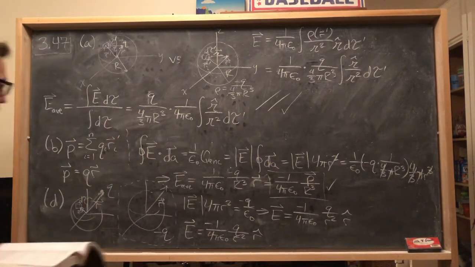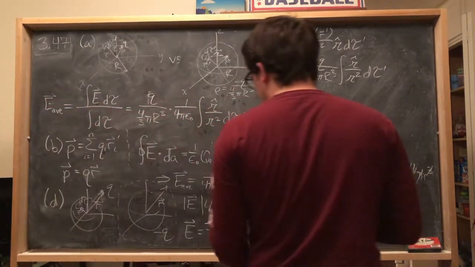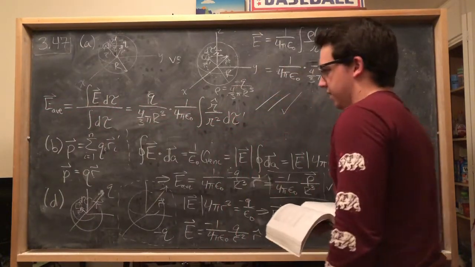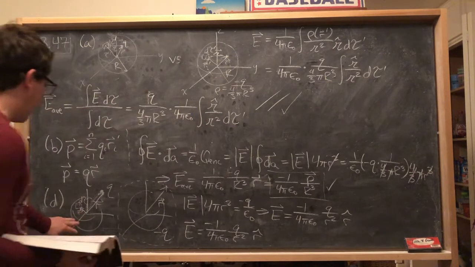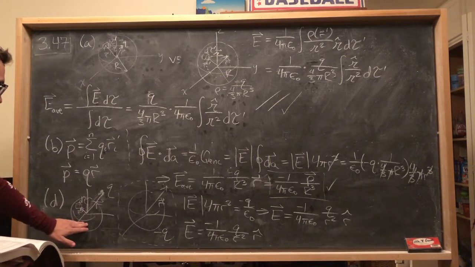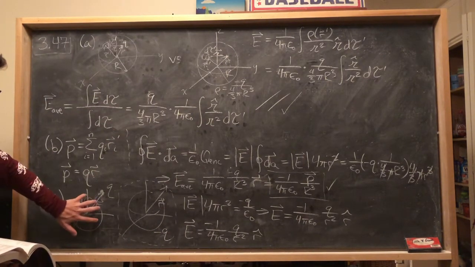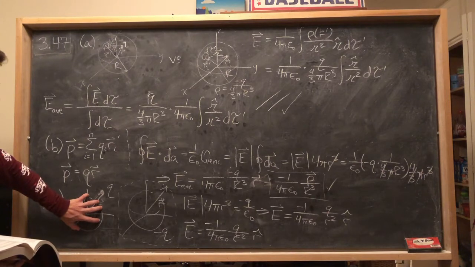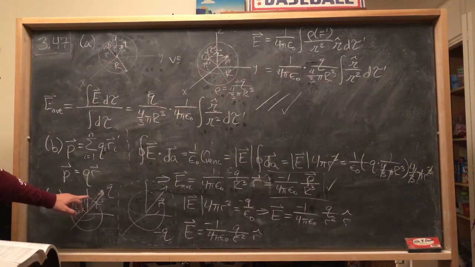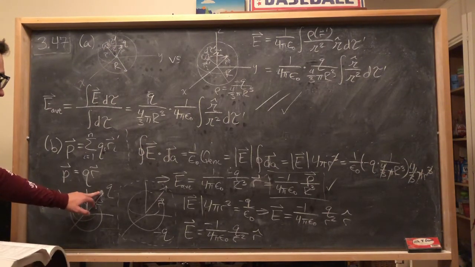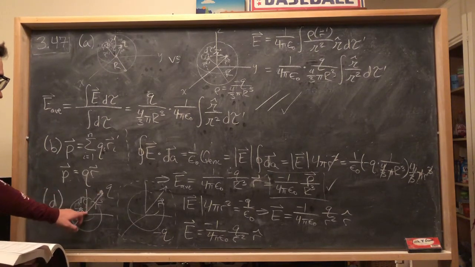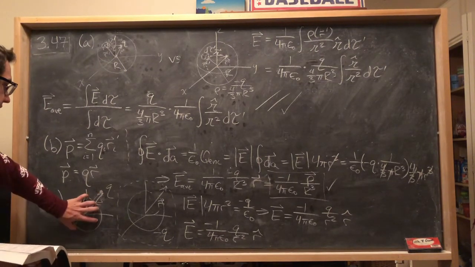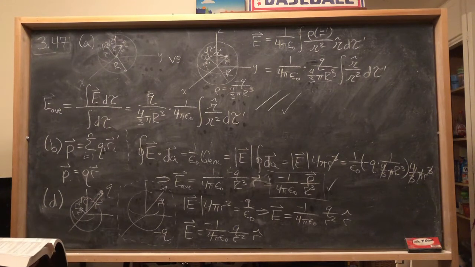And so this shows us that the average electric field over this sphere is the same as just calculating the electric field from that point charge at the origin, at the center of that sphere.